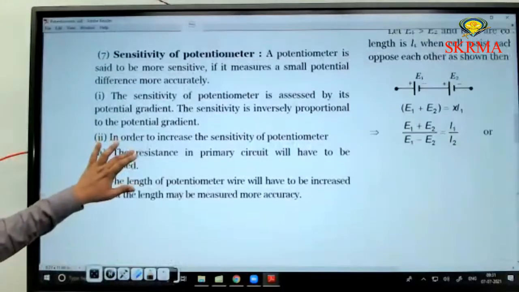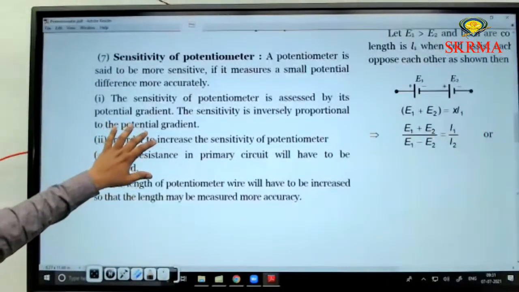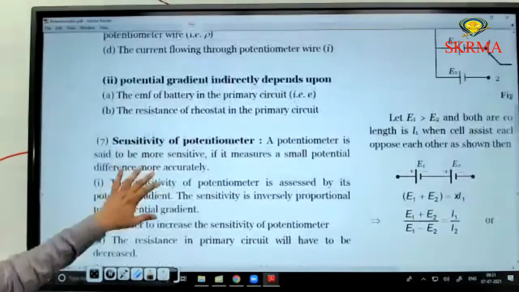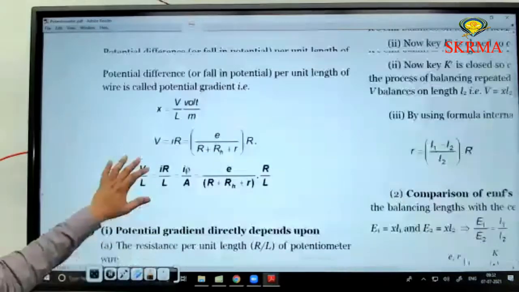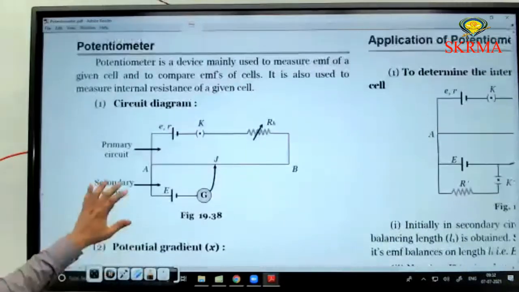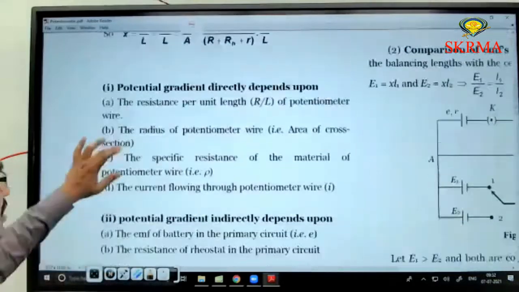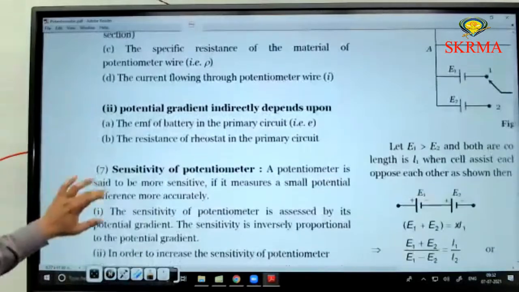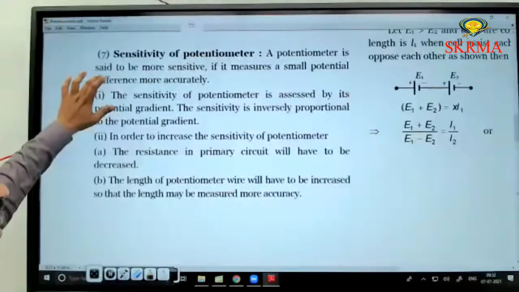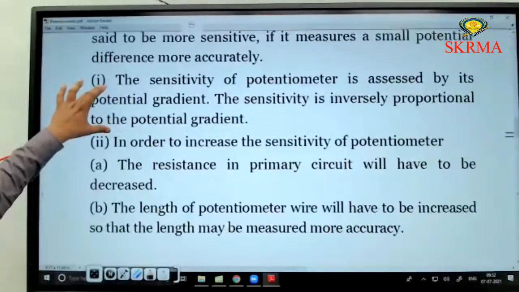Sensitivity of the potentiometer. What is meant by sensitivity? If I say the potentiometer is more sensitive than the voltmeter, then what is the meaning of that?